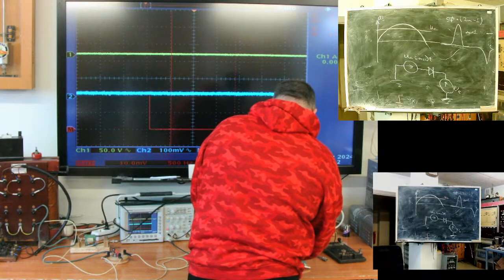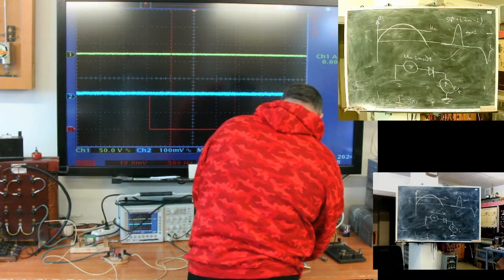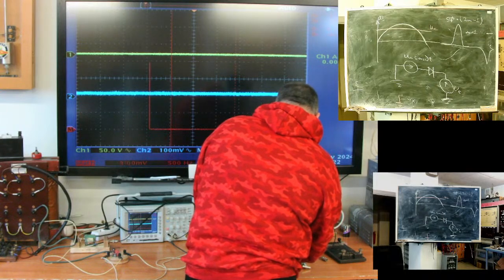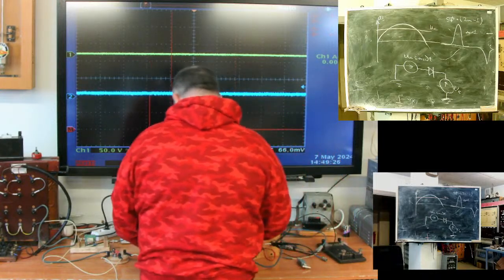Come on, you. Red capacitor. Don't think.